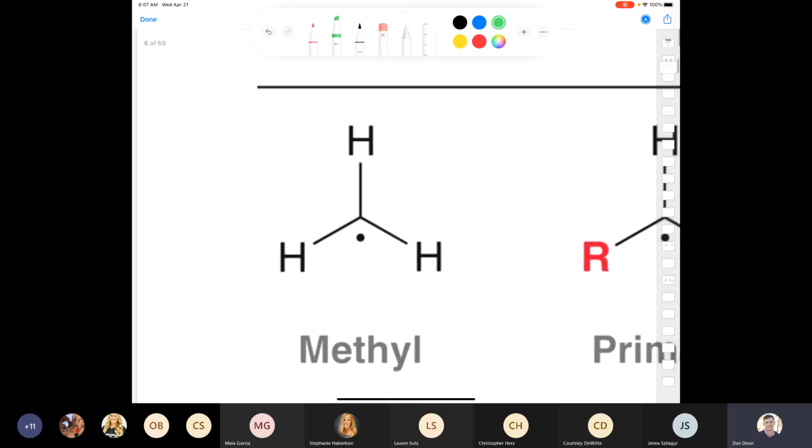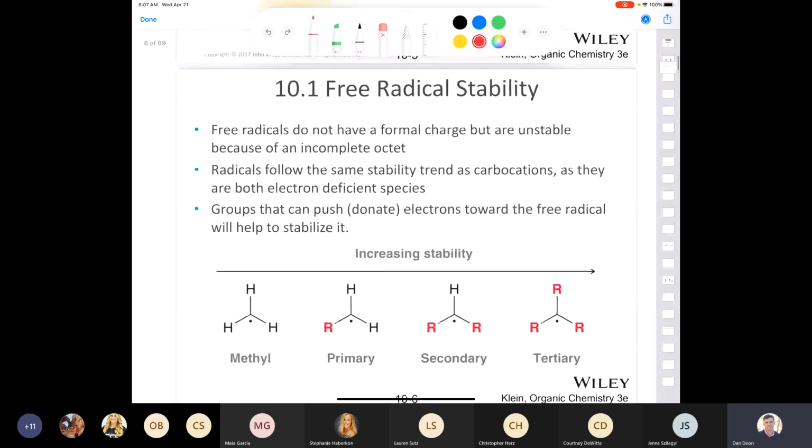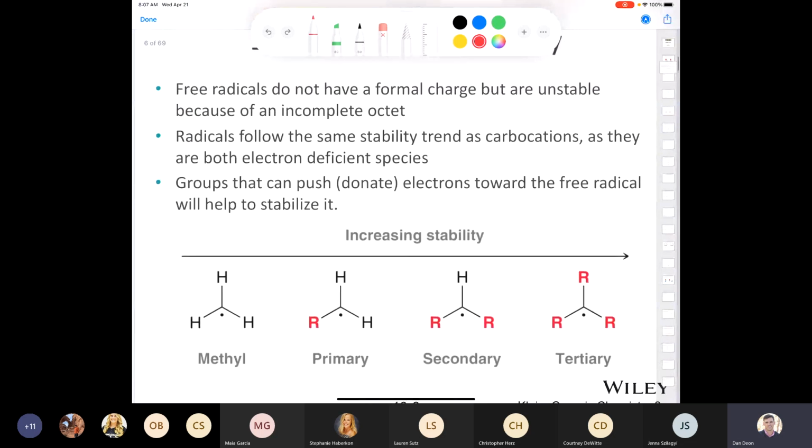If you just analyze this carbon here, okay, here we have a radical carbon. So we could draw the carbon in even if we want to. That carbon is surrounded by 1, 2, 3, 4, 5, 6, 7 electrons. So it has an incomplete octet. Okay, well, what's the consequence of that? Well, the consequence is that radicals are going to follow the same stability trend as carbocations. Because why? Because they're electron deficient.